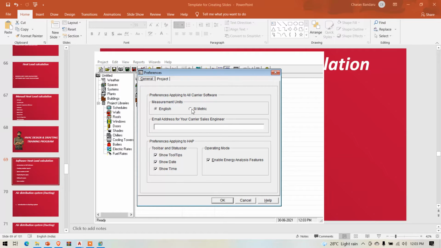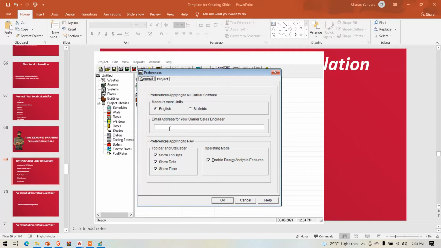Normally we calculate air quantity in CFM, cubic feet per minute, but if you take SI metric, then you get LPS, liters per second. Mostly in the Gulf they follow these SI metrics, but other countries go about 90% with English units.